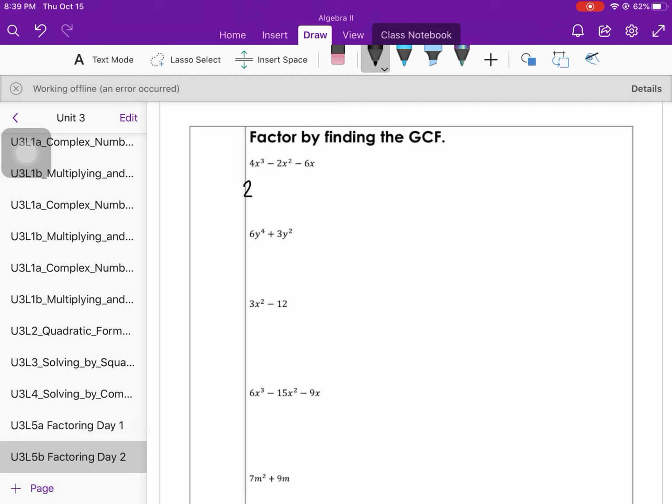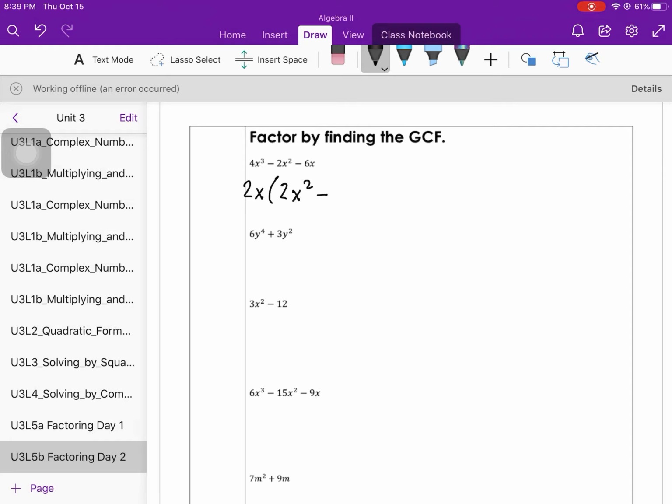Then we look at the variables. I have x cubed, x squared, and x. So the largest variable term I can pull out is just a single x. Then when I pull them out, I'm actually dividing them out. So 4x cubed, if I divide by 2x, I end up with 2x squared. I have 1 less x, and then 4 divided by 2 left me with 2.